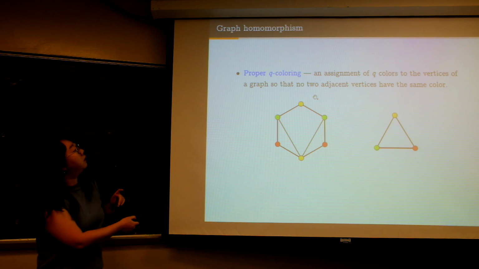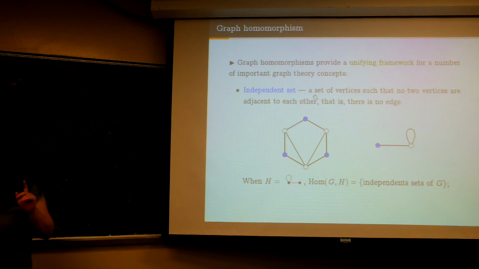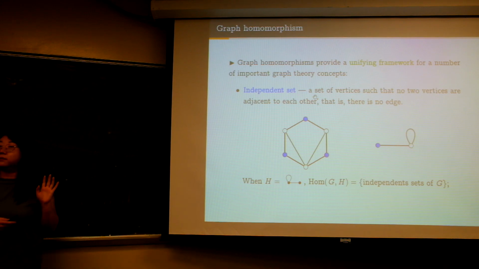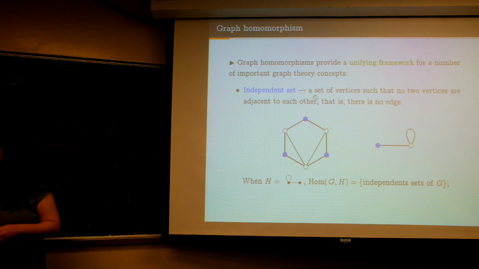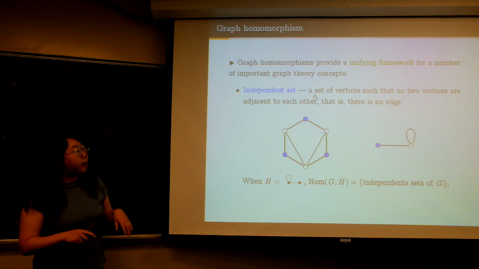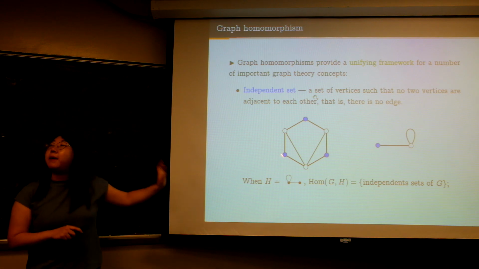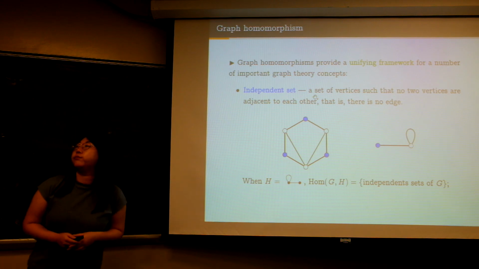Question: don't you also need all the blue vertices to be connected by an edge to all the white vertices? For the homomorphism, you can map a non-edge to an edge, that's fine. But you must map an edge to an edge. I see. Okay, thank you.